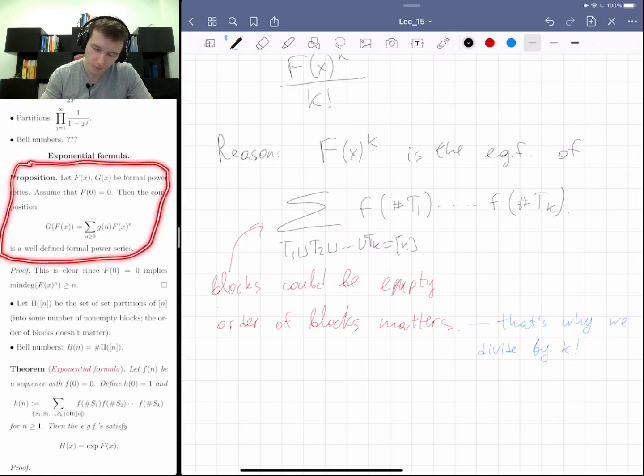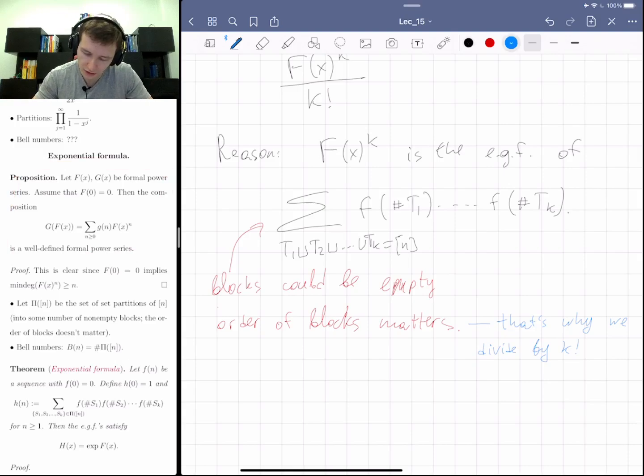But also, we're very lucky here. Empty blocks give 0 contribution, since f of 0 is equal to 0.